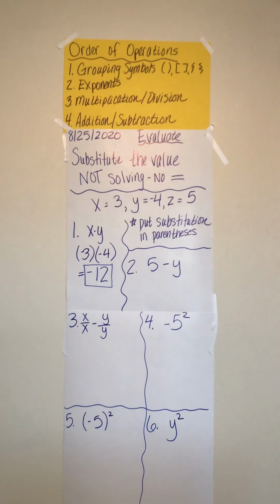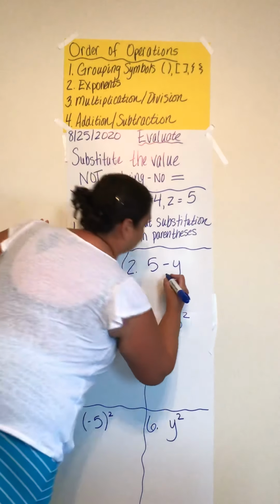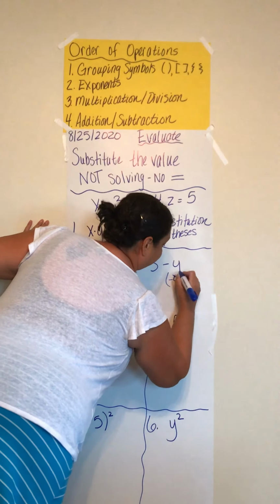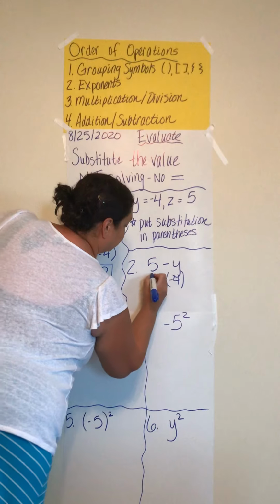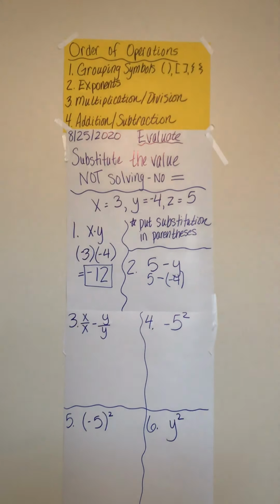Okay, so let's look at number 2. 5 minus Y. All right, so we're going to substitute our Y, which is -4, and we'll bring down the rest of the problem. So now we're looking at 5 minus -4.